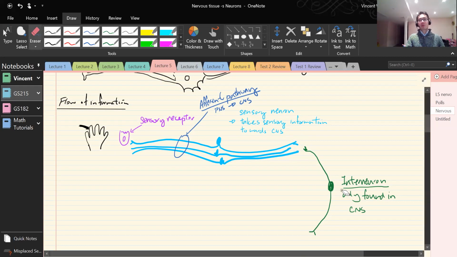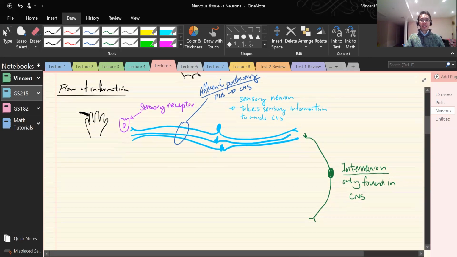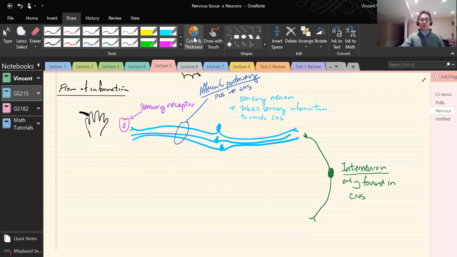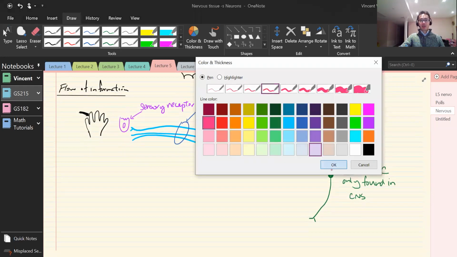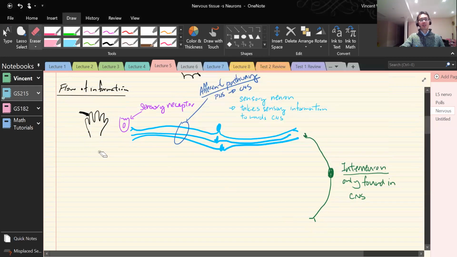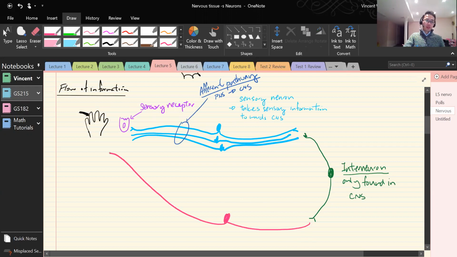All that information is processed by the interneuron within your central nervous system. And then it's going to decide what to do with that information. And if an action is required, such as if you get pricked by something sharp, you're going to remove your finger. So that is going to be sent out through this pink neuron.